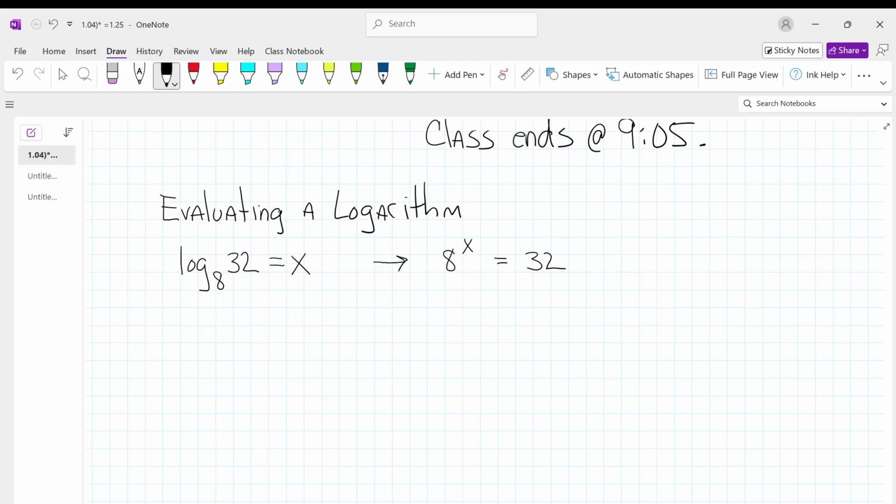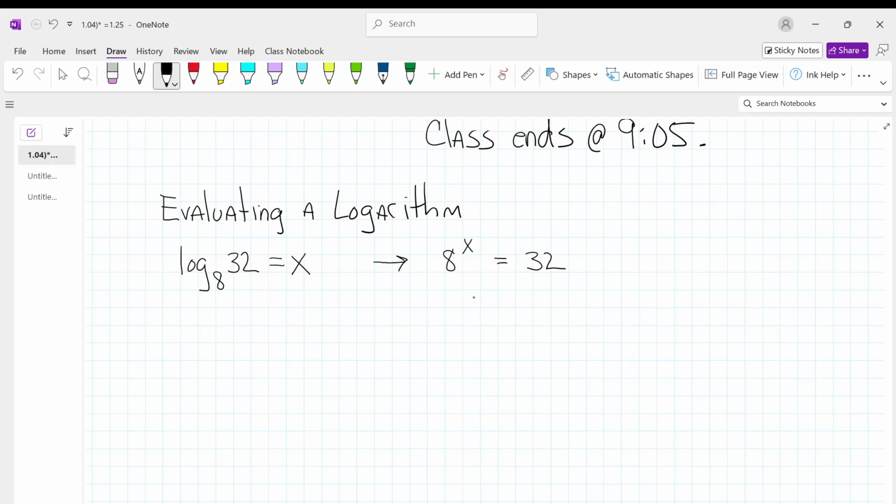Now, in order to solve these exponent problems where the exponent is a variable, we need to adjust both bases so that they are the same.